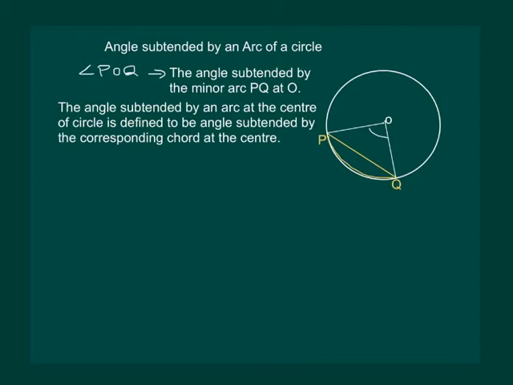But what about the angle subtended by the major arc? That means this particular part of the circle. We will say the major arc subtends the reflex angle POQ. In other words, when we talk about the angle subtended by an arc of a circle, we will only consider the minor arc.